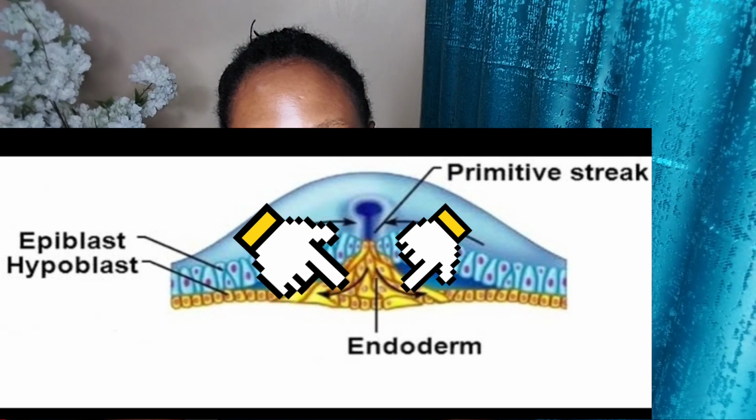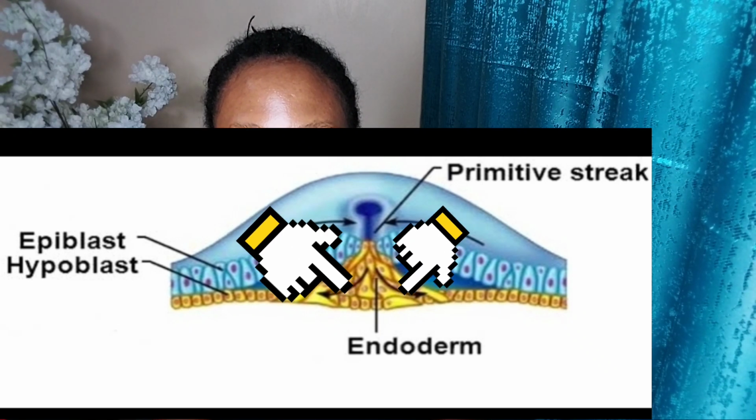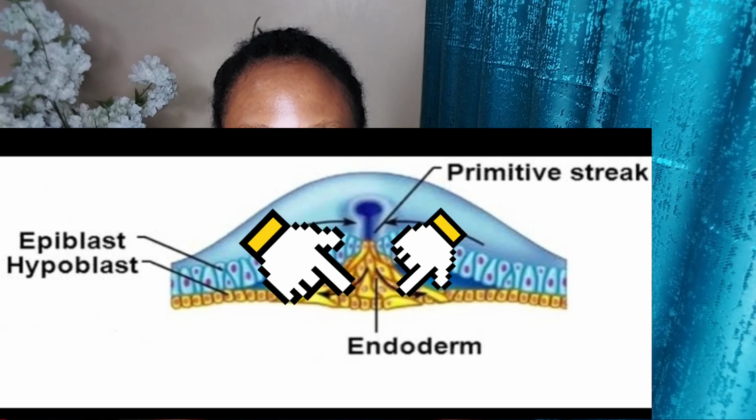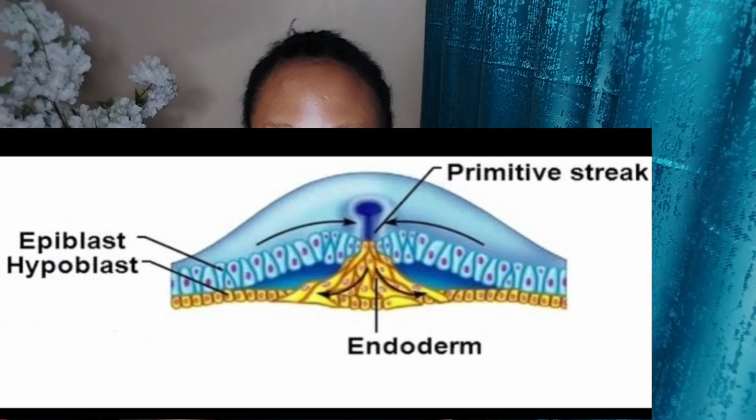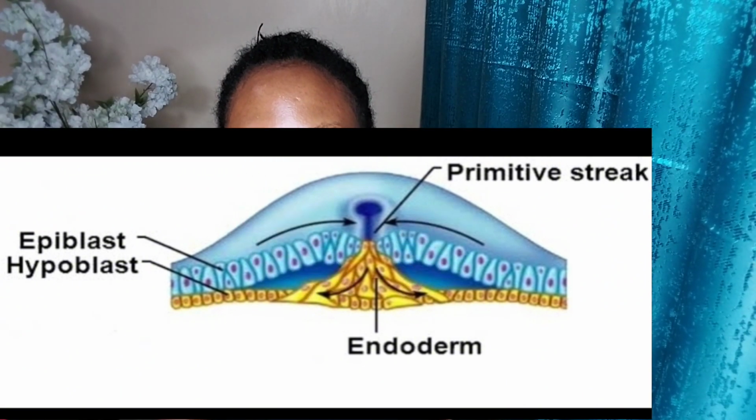And these cells will move in a way that they will enter deep into the embryo, displacing the hypoblast, and these cells form a cell layer called the endoderm.